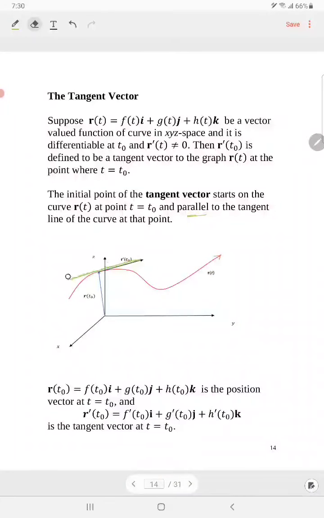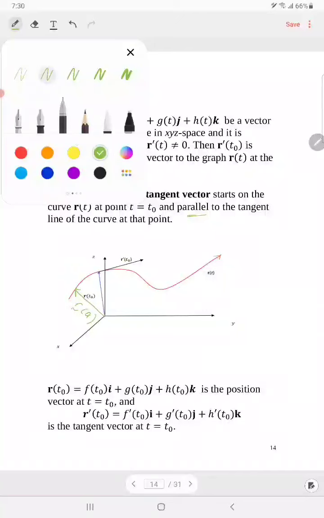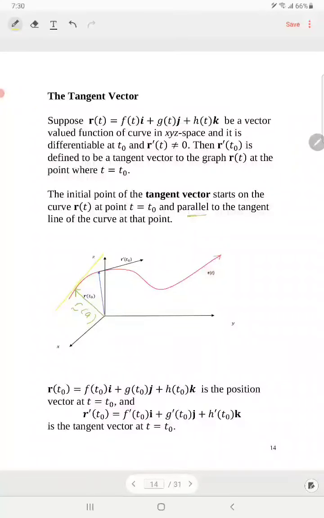Now let's say at t equals a, this is the position vector when t is equal to a. Let's say that this is r at a. That would be the position vector. Then the tangent line would be like that at this point.